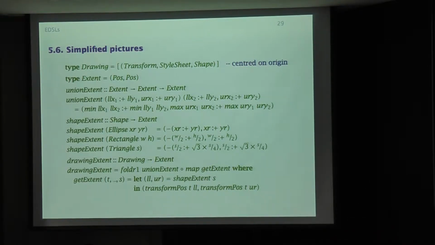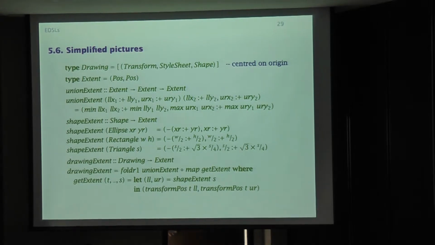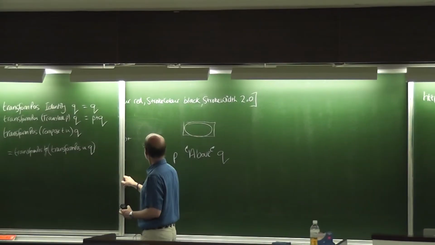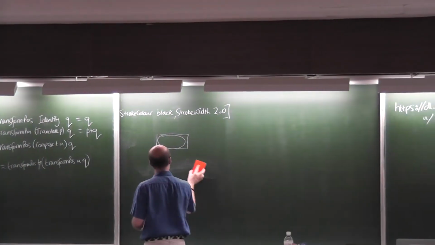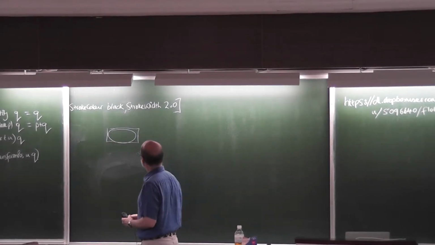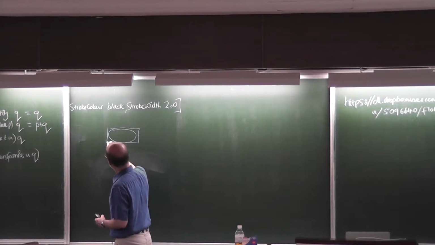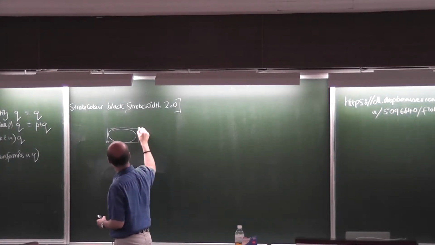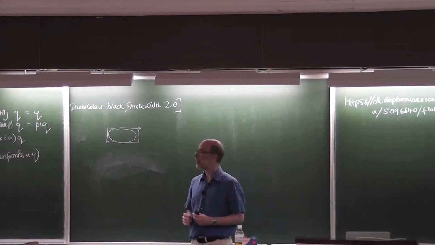So let me have another picture. So here's one drawing, and this is its lower left corner, and this is its upper right corner, and that's the extent, that pair of points.